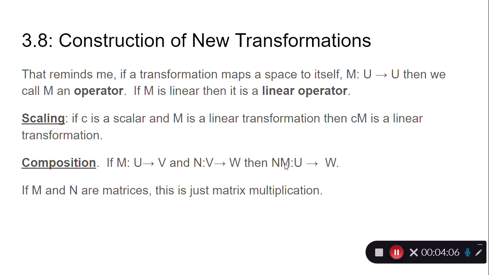So NM would be U to W, because the way it's written, you would do M first, which would bring you from U to V, and then you would do N afterwards, V to W. MN would go the opposite way, from W to U. And they're not necessarily inverses of each other. It depends. Again, if these are matrices, this is just matrix multiplication. So matrix multiplication is function composition for linear transformations.